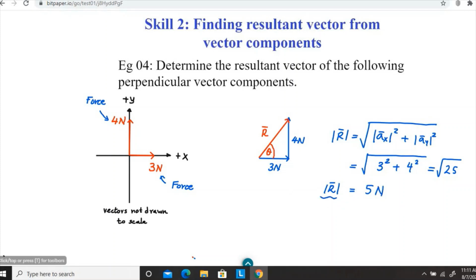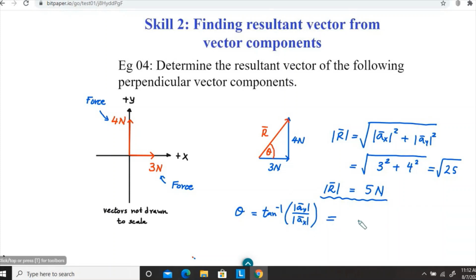So we got one part of the question, that is, we figured out the magnitude of the resultant vector. Now let's figure out the angle that it makes with the positive x-axis, and that is theta. Again, I'm going back to what we learned in the previous slide. We learned that theta is equal to inverse tangent of the magnitude of the y component, that is ay, over the magnitude of the x component.